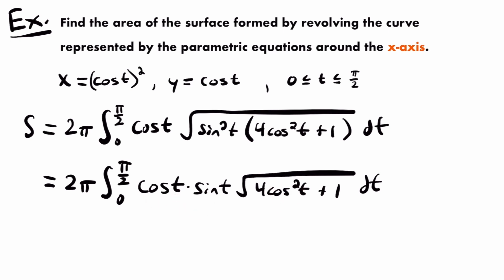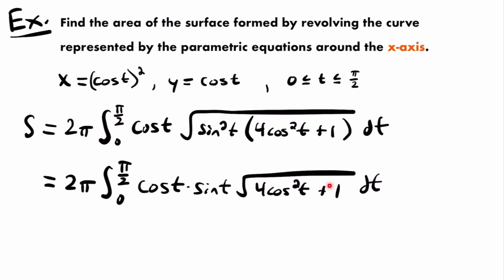And if you remember when we found dx dt, when we originally set up our integral, when we took the derivative of x with respect to t, x was equal to cosine squared t, which is very similar to what we have right here. The derivative of cosine squared t did involve cosine and sine. All right, and so let me show you what's going to happen here.